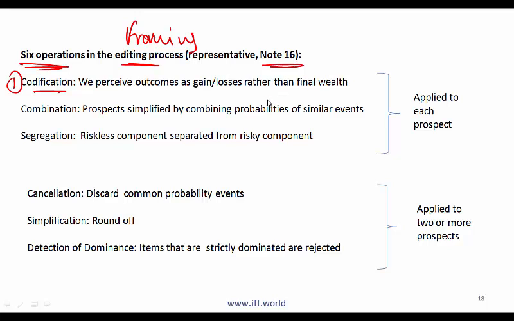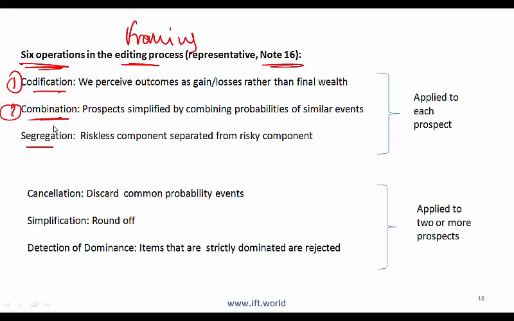In expected utility theory, we evaluate based on, say, net present value or final wealth created. Generally, in this theory, we are more concerned with the gains and losses associated with different options. As another side remark, I do not think you will get problems about detailed calculations related to this. As long as you know the one line associated with these different operations, that is pretty good.